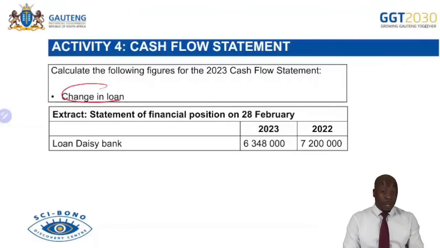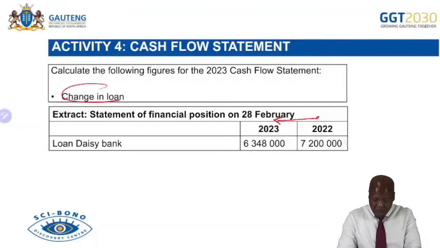Change in loan, we have two ways. An increase in the loan means we have received the loan, cash inflow. A decrease in the loan means we have paid back the loan, cash outflow. In this case, remember what I said, we look at our financial statements from the right going to the left.